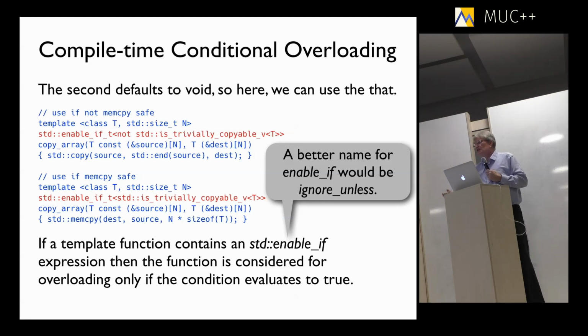So really, it's not about enabling something. It's about disabling something. That's what the actual trick is: if this thing is false, we turn it off. That's what's really going on here. And so the name enable if, I think, is the wrong way around. It should really be called ignore unless, because if this thing is not true, then it gets ignored.